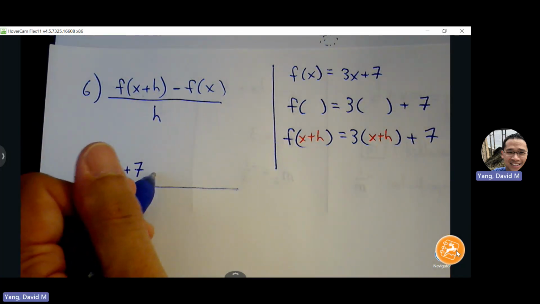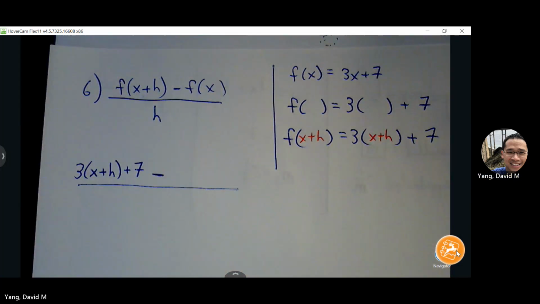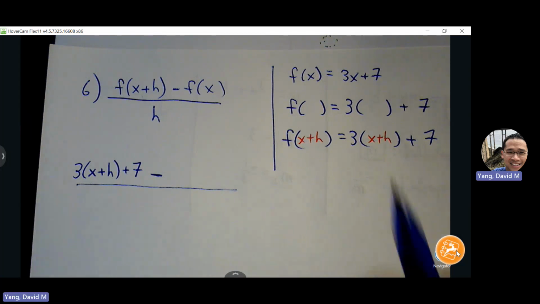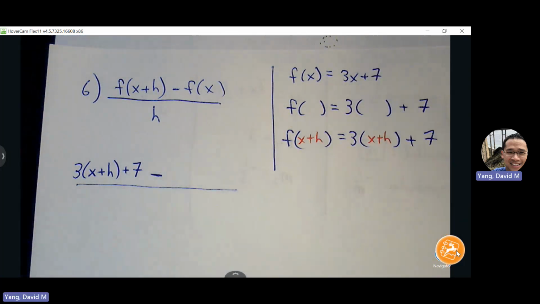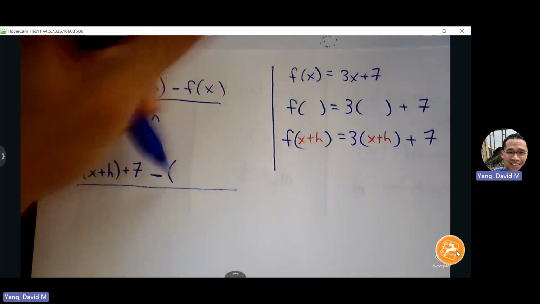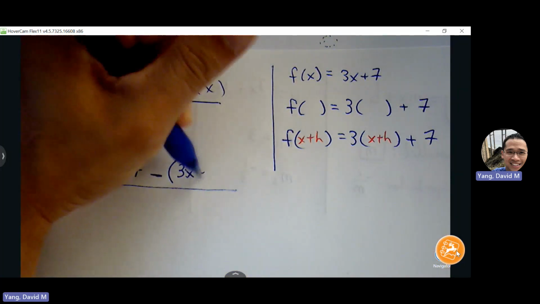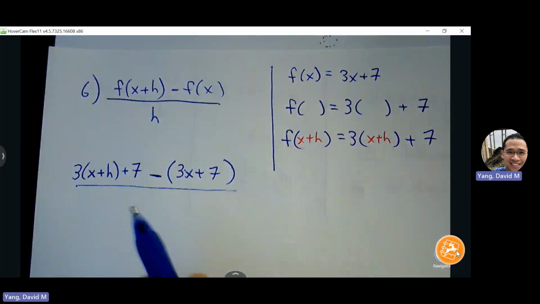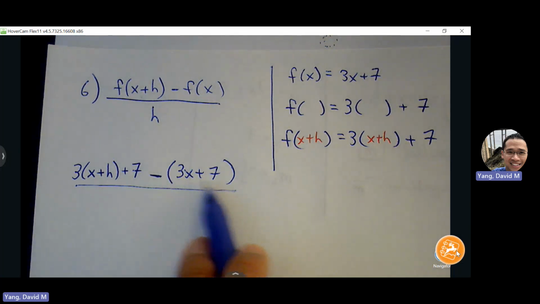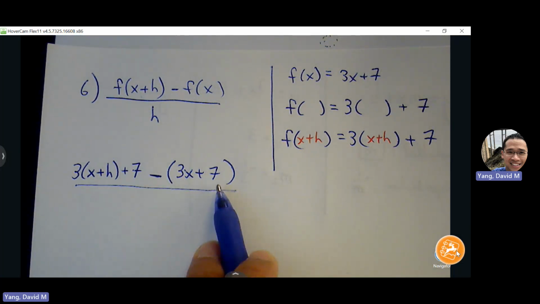And then minus what? 3x plus 7. But careful, what do we have to be aware of? Minus 7. Yeah, I would say 3x plus 7, but leave a set of parentheses after the minus sign because this negative is going to end up changing the sign of both your terms.